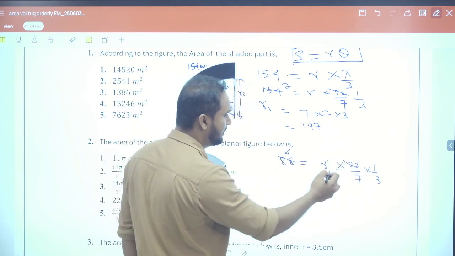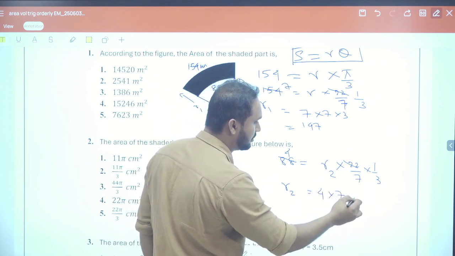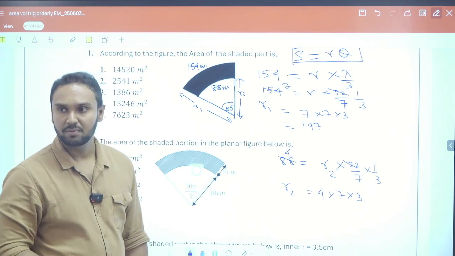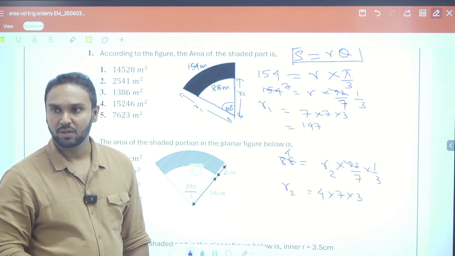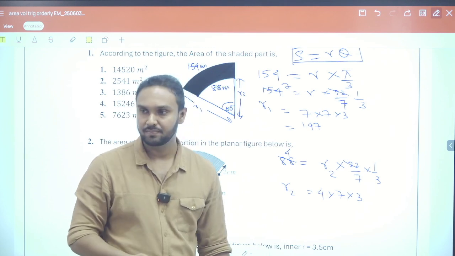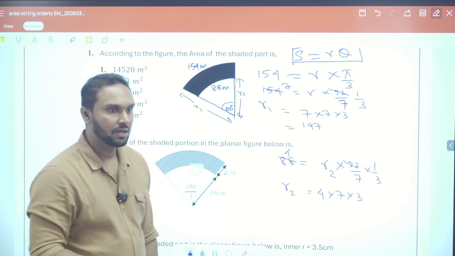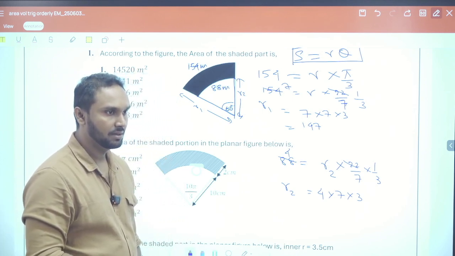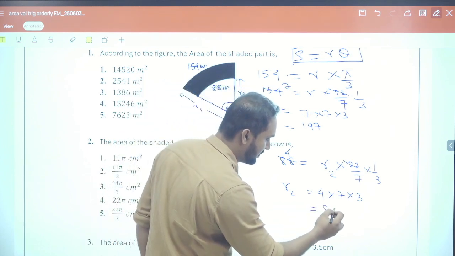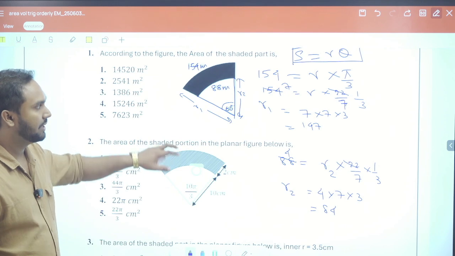So the R2 will be 4 into 7 into 3. That is 28 into 3. How much is it? 7 times 4 is 28. 28 into 3. Tell me fast. 84, right? Now use the calculators, that's fine. 84 meters. Now you have the two radiuses.